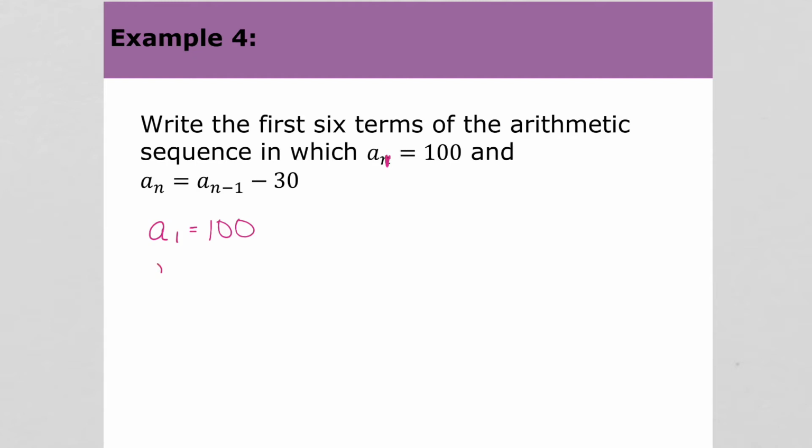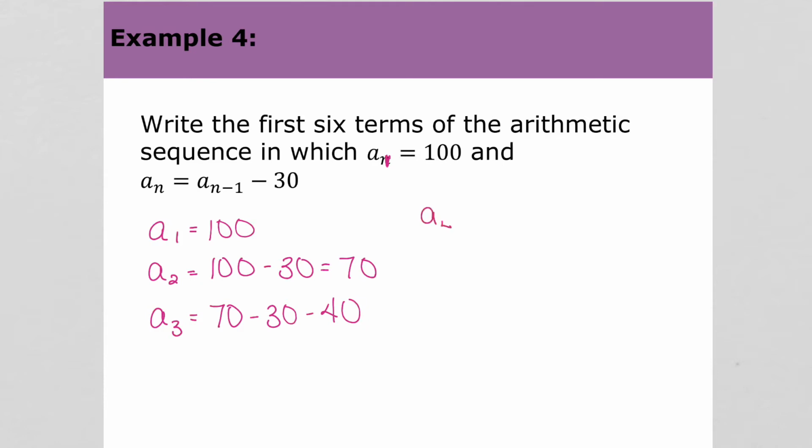So, a sub 2 is the previous term, 100, minus 30. a sub 3 is the previous term, which was 70, minus 30. a sub 4 is the previous term, 40 minus 30, so 10. a sub 5 is the previous term, 10 minus 30, gives us negative 20.